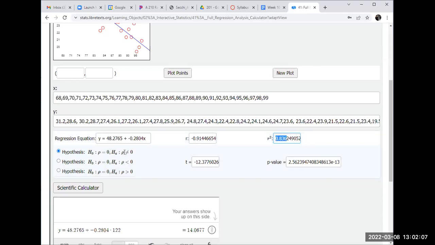So for H naught and HA, HA is rho is not equal to 0. We got a mini p value. When there's a mini p value, that means there is very strong statistically significant evidence. So let's write that out.